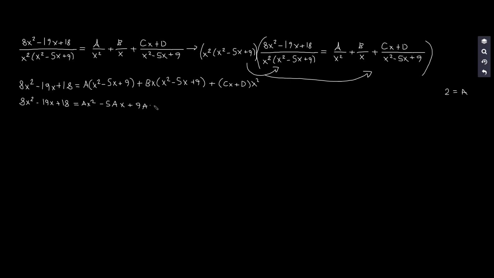And then over here, I think this is going to be b times x raised to the third power minus 5 times b times x raised to the second plus 9b times x, and then you gotta multiply that.